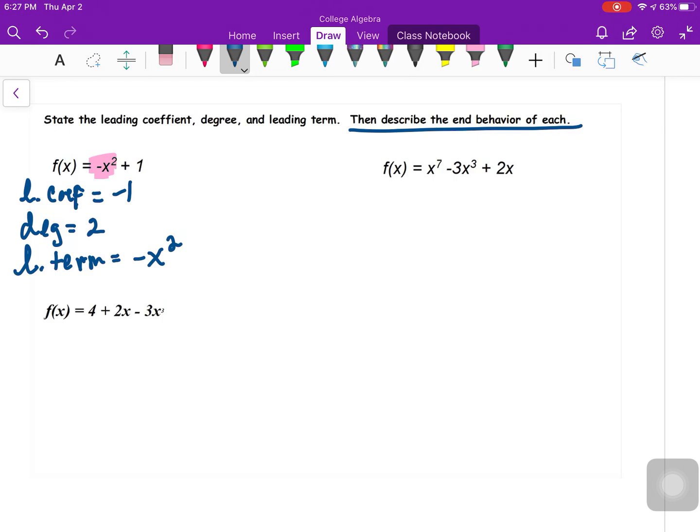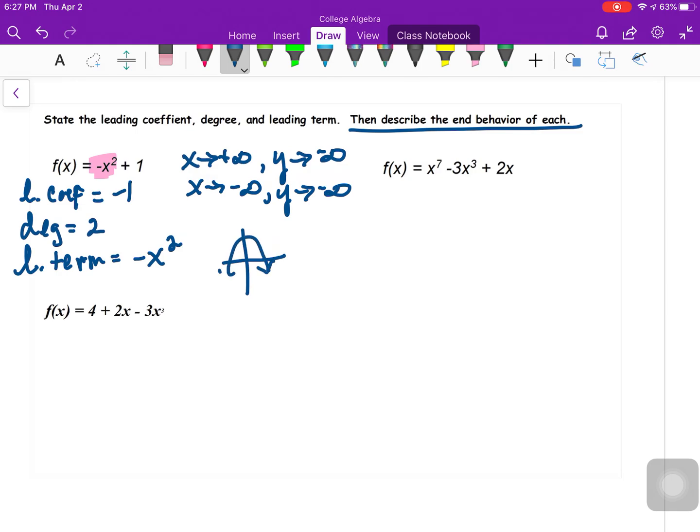So we have an even degree with a negative leading coefficient. So as x goes to positive infinity, y goes to negative infinity. As x goes to negative infinity, y goes to negative infinity. So if we think of a negative x squared, it would be something like this.